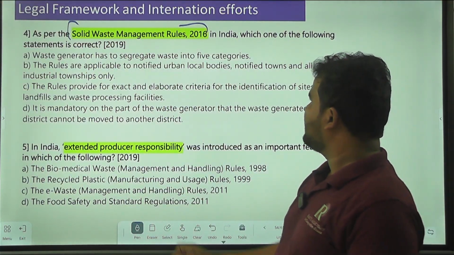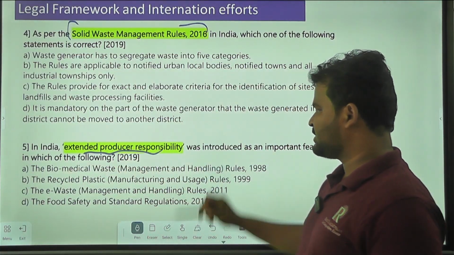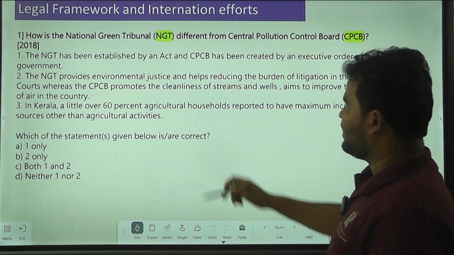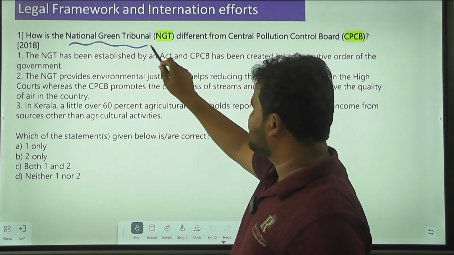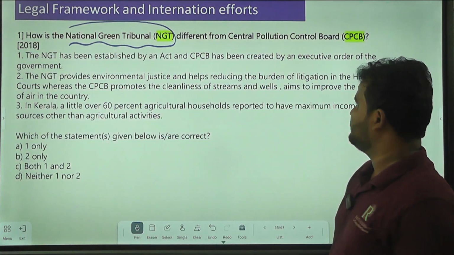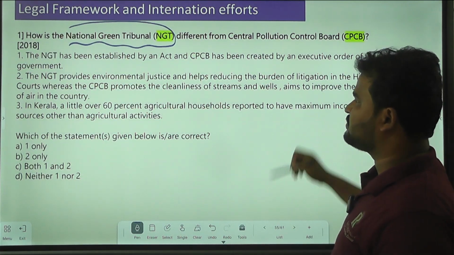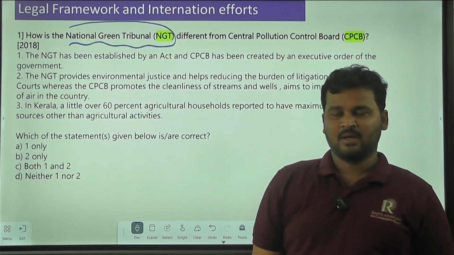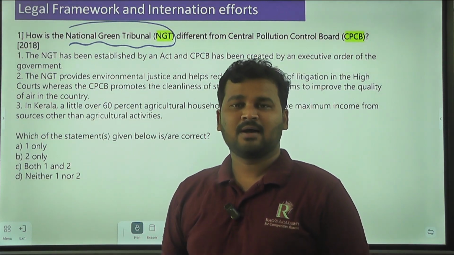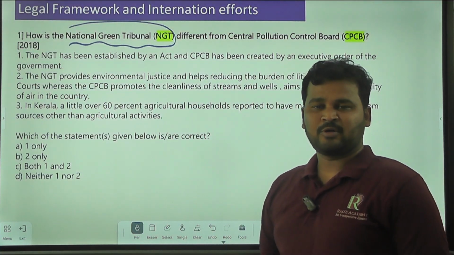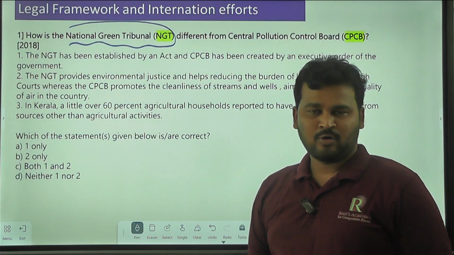Next, Extended Producer Responsibility, we have to know here. Then the National Green Tribunal, which is a part of the Government of India, established to protect our environment, wetlands and water bodies.